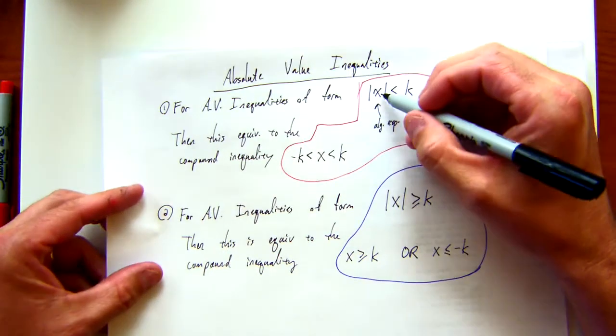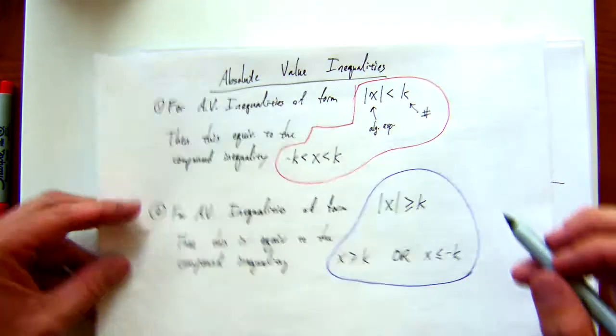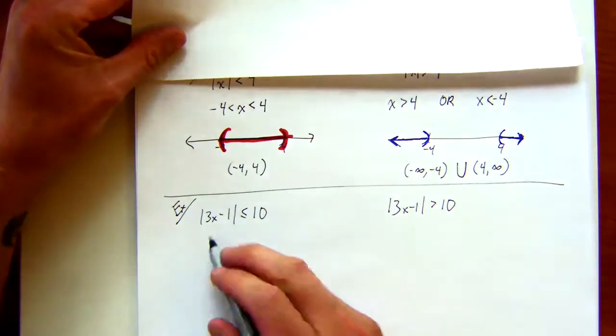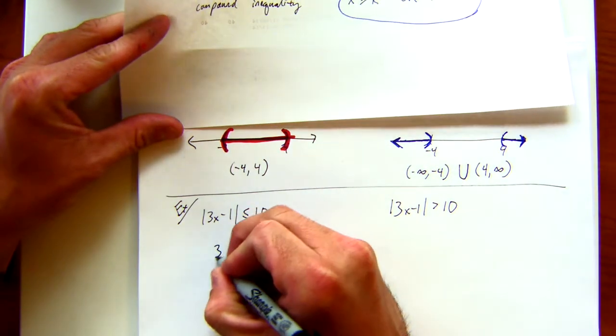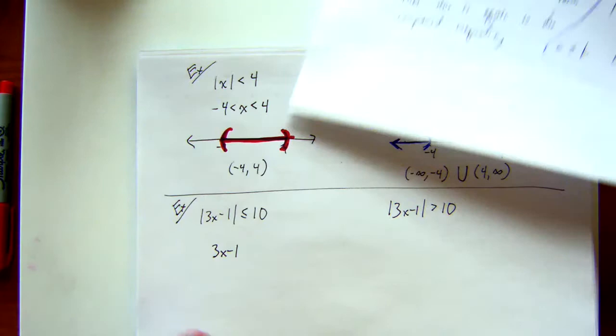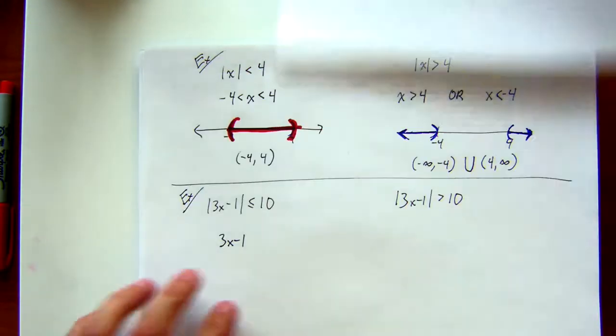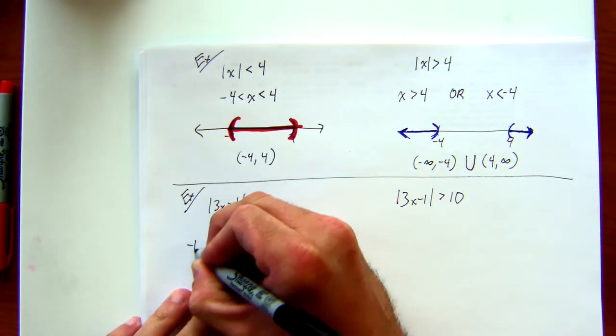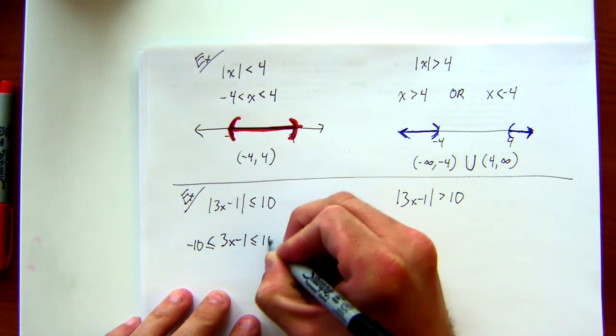Remember, this x is an algebraic expression. What's my x in this problem? 3x minus 1. Now, what's my k? Positive 10. So I'm going to stick this 3x minus 1 between a negative 10 and the positive 10.